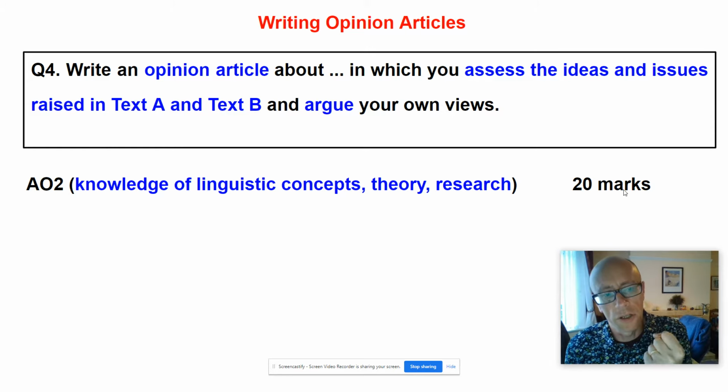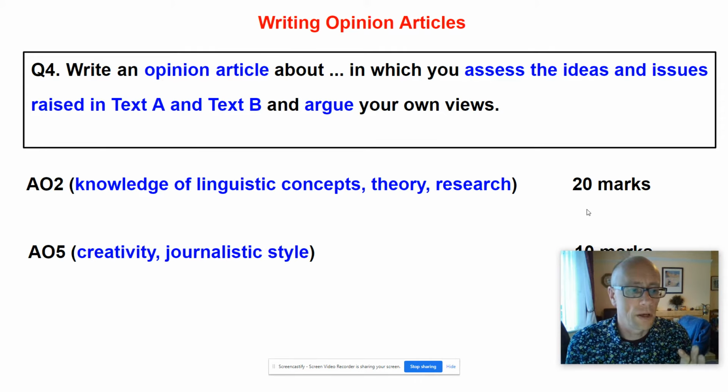The nuggets of knowledge that you were including in that essay are exactly the same nuggets of knowledge which you're including in this article. So 2/3 of the mark is for the AO2, and the other third, for 10 marks, is for creativity. So it's your ability to communicate the ideas in a creative and journalistic style.